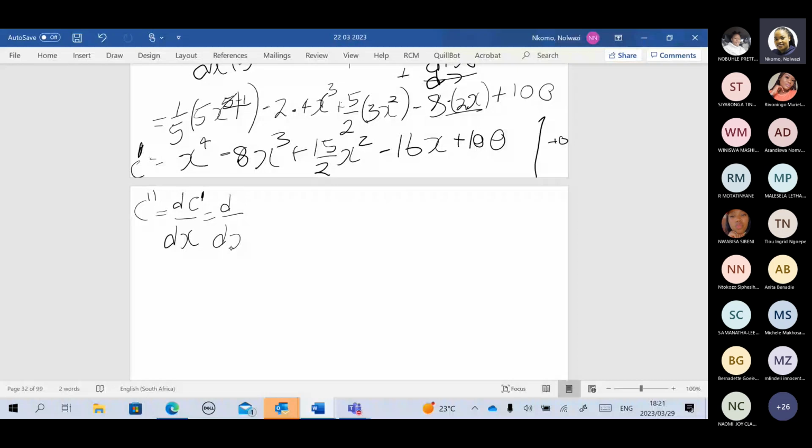And remember, we said we can separate a function like this and differentiate each term, and then we add them.